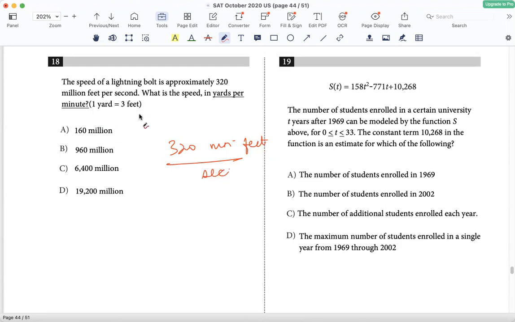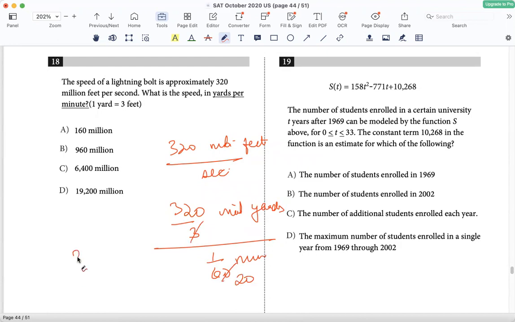Now, 1 yard is 3 feet, so 320 by 3 million yards per second. And 1 minute is 60 seconds, so multiply by 60. So 320 times 20 million yards per minute, which is 6,400 million.